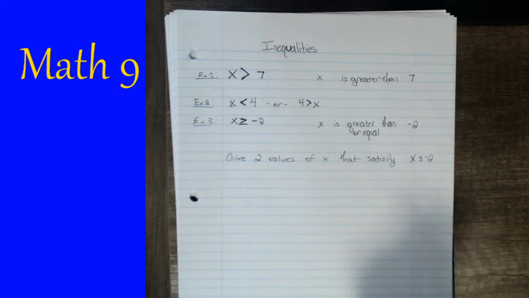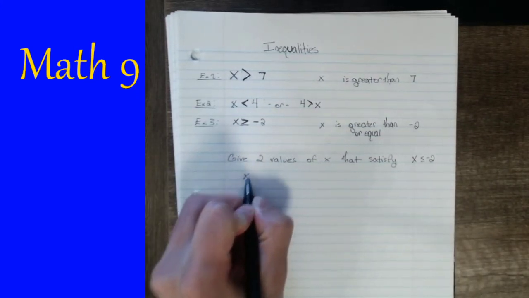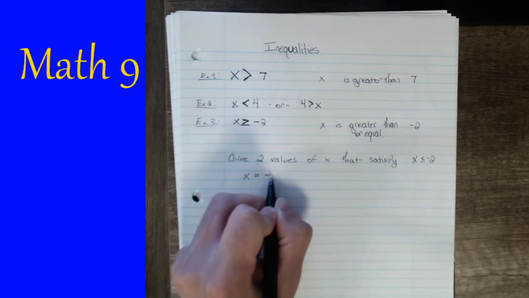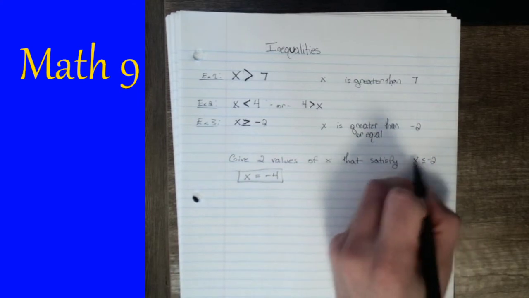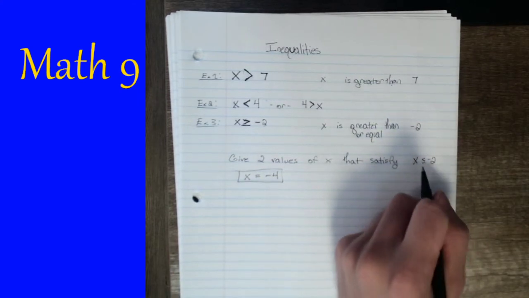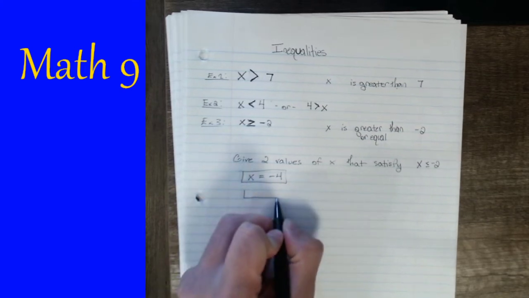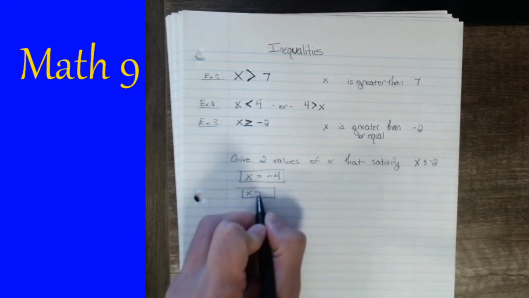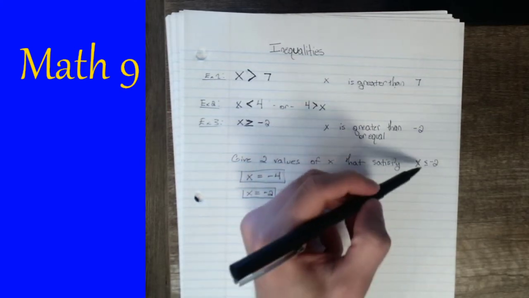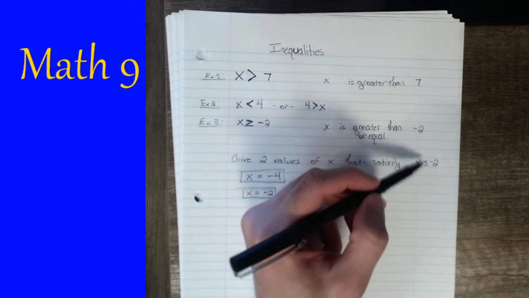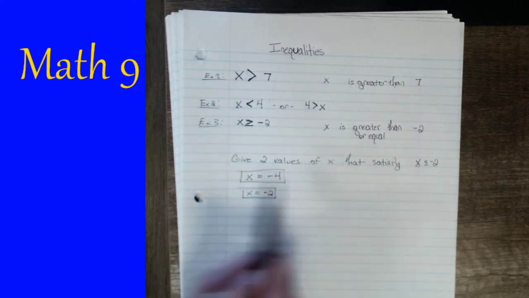What is a number less than -2? Well, x equal to -4 would satisfy the inequality. Another value that would satisfy it is x equal to -2. When we say x is less than or equal to -2, the value -2 satisfies that.